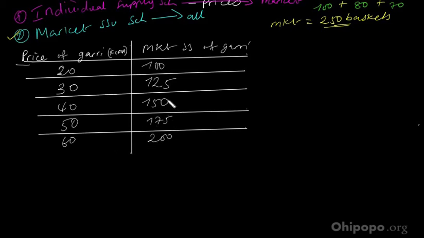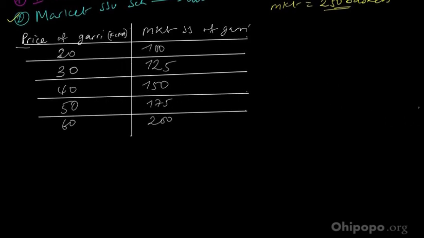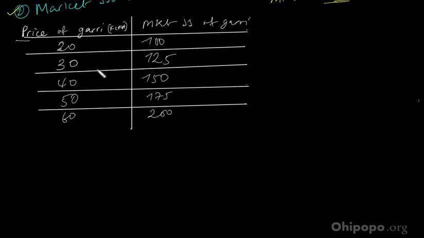Now, if you look at our table carefully, you will see that when the price is increasing, what happens? The quantity supplied is also increasing.